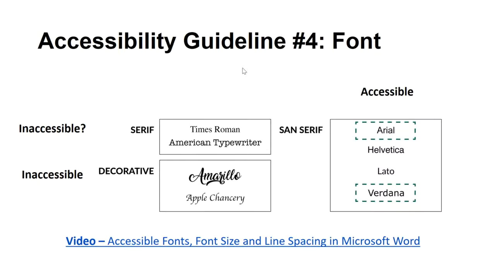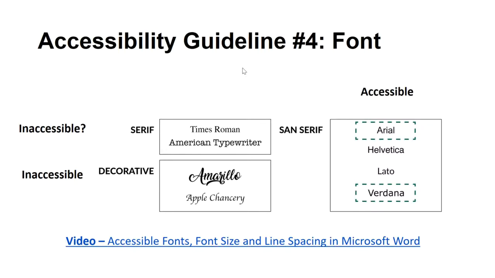Accessibility guideline number 4 that I'd like to look at, font. It is recommended by the Canadian National Institute for the Blind to use sans serif fonts. If you compare, for example, Arial is a sans serif font, whereas Times Roman is a serif font.